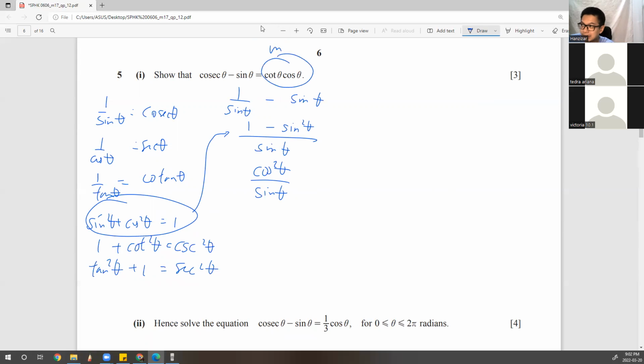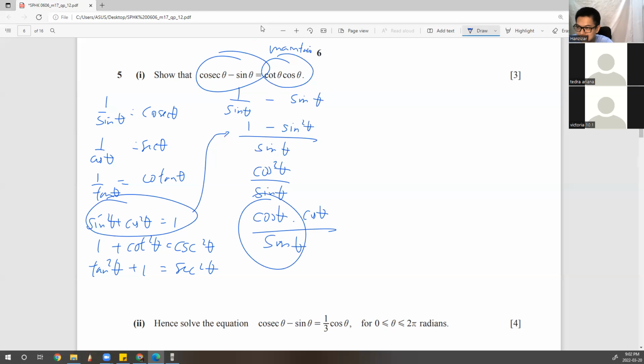This is what I maintain. I modify this part. Or anyhow, you can just switch. You want to maintain the left side, but I think the left side is the easiest way. So cos square is cos theta times cos theta over sine theta, right? So cos theta over sine theta is cotangent, right? Oh, I forgot to put one more. Tangent equals sine theta over cos theta. So cos theta over sine theta has to be cotangent theta times cos theta. Proven.